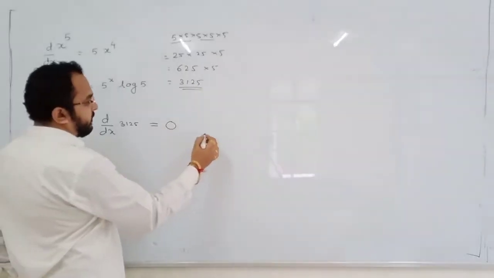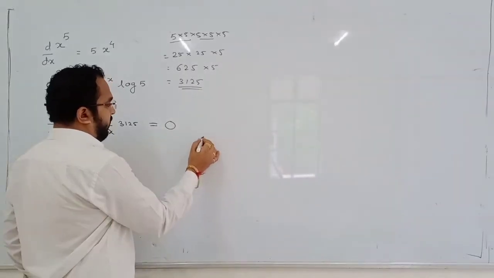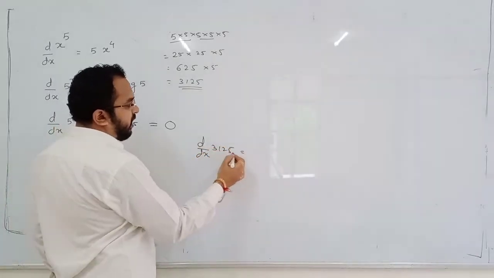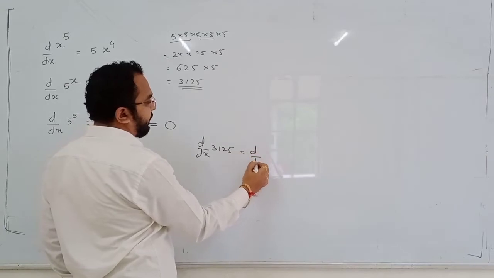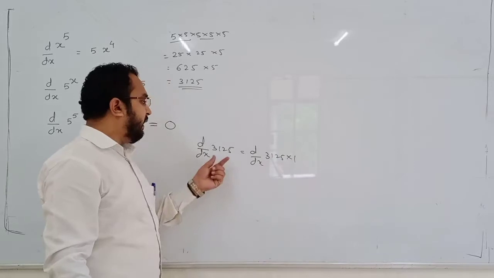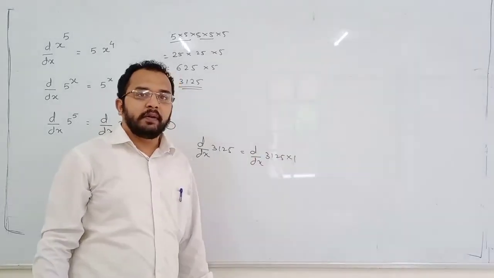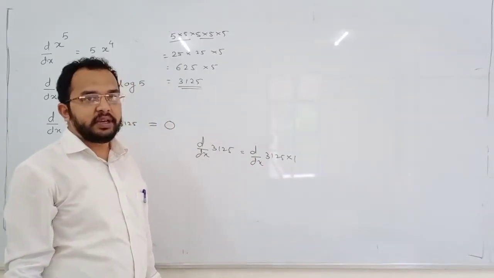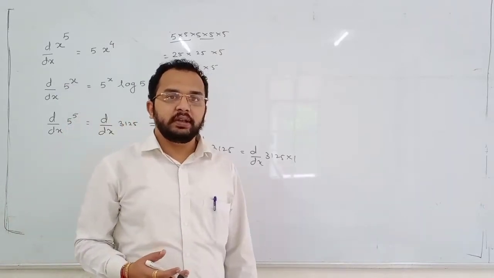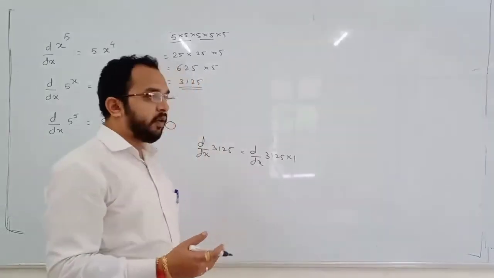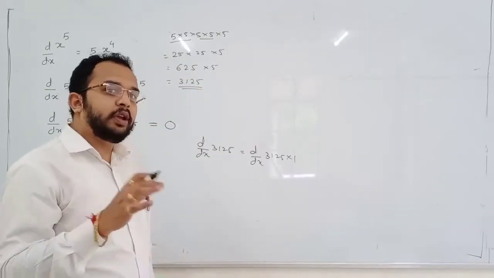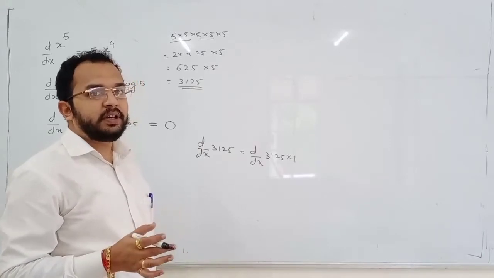See, differentiation of 3125. Now this 3125 can be written as 3125 into 1. If 0 is added to an equation, the value of the equation doesn't change.